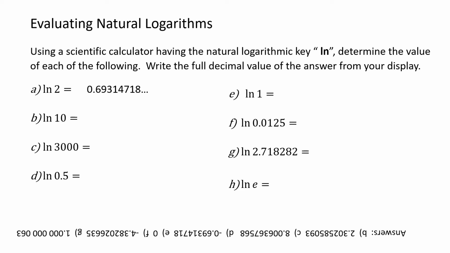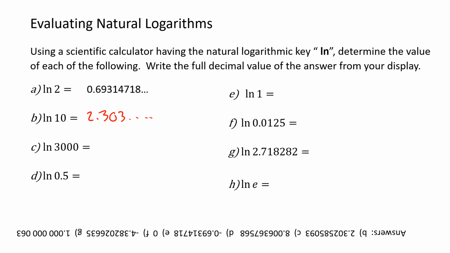What this is simply doing is using the ln button to solve for each of these variables. My calculator is a Casio. I can press the ln button and then press the number 10. So for example, for B here, the ln of 10 comes out as 2.303, and there are more decimal places.